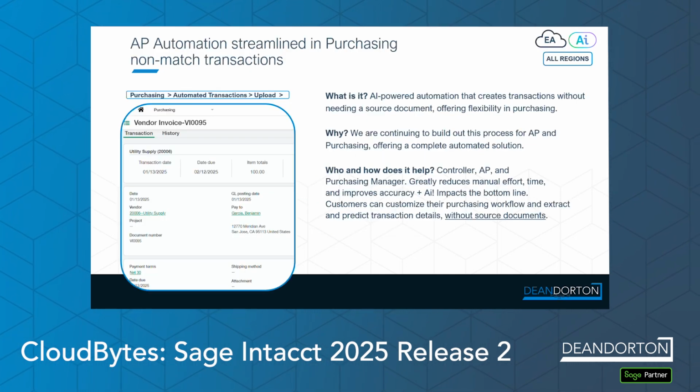AP automation. This is an early adopter piece here as well, with some additional and streamlined capabilities within the purchasing transactions. It's an AI-powered automation that creates transactions without needing a source document, offering flexibility in purchasing.